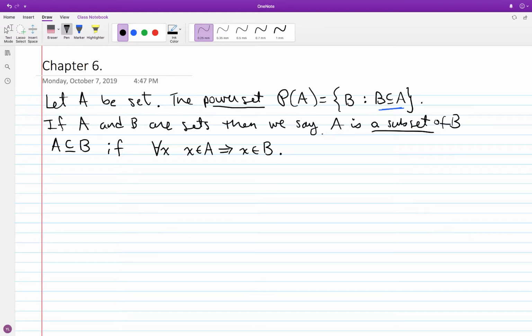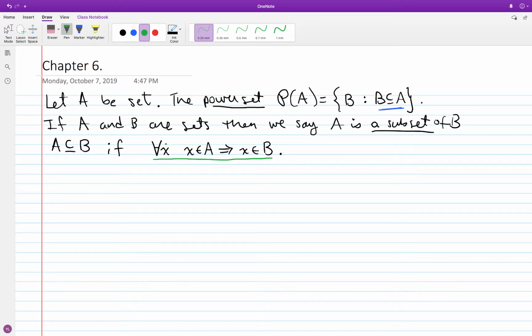This is a definition. I want to talk through this a little bit, and then I want to just explore some examples so we get familiar with the notion of power set and notion of subset. First off, this definition right here suggests a sort of proof technique if for whatever reason you had two sets of interest and you wanted to prove that A was a subset of B. Since it's a for all statement and a conditional, you could go for a direct proof of the conditional.